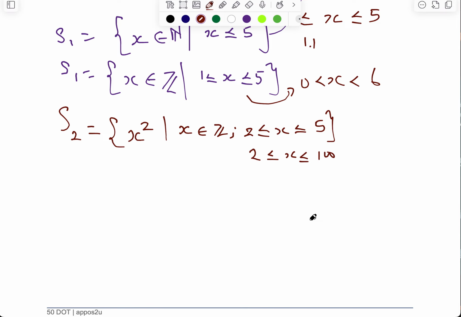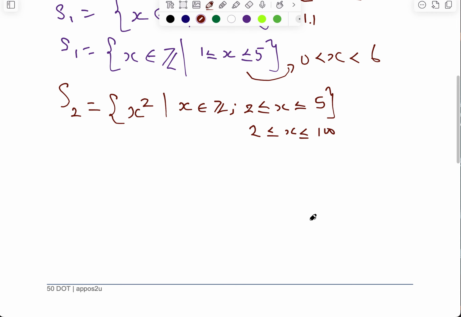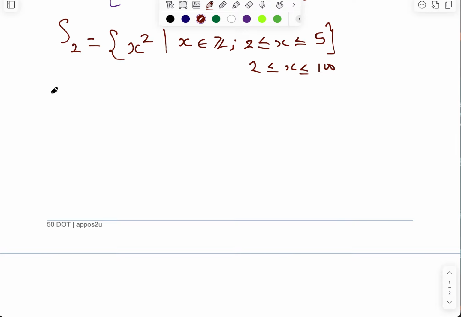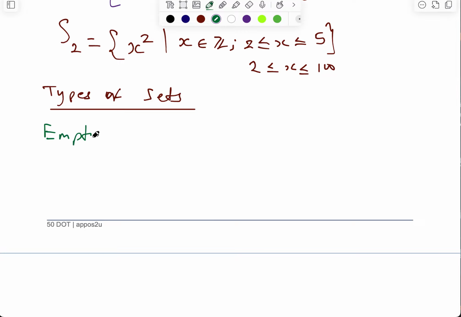So let's proceed. Now that we have described the way sets are, let's talk about some types of sets. I'm not going to be talking too much about all of them. I'm just going to be discussing the major ones. The first one is the empty set. It's also called the null set.